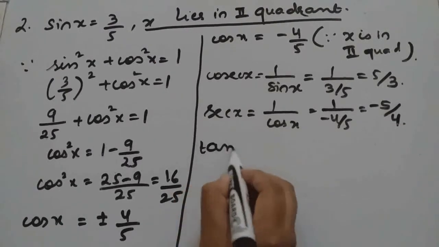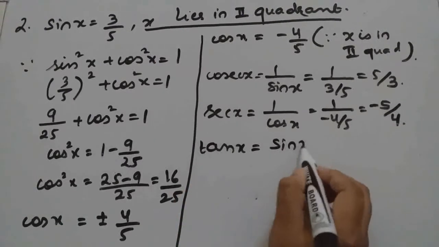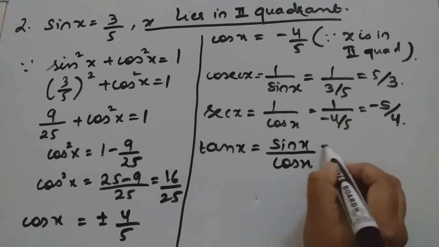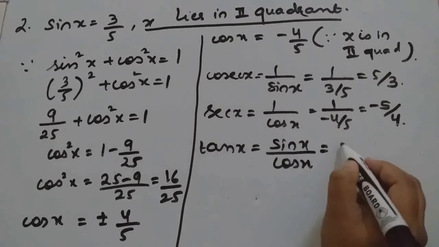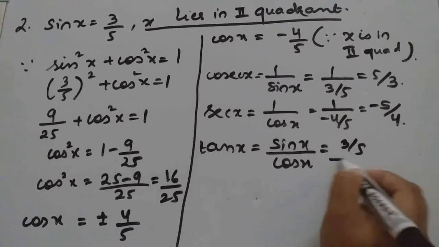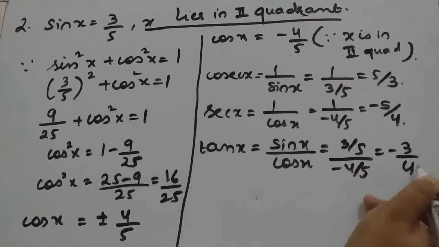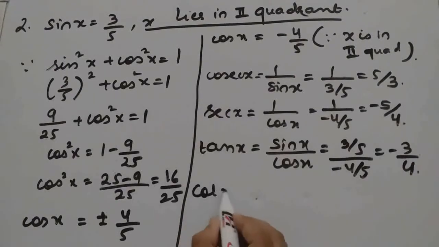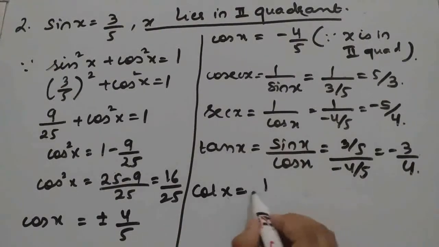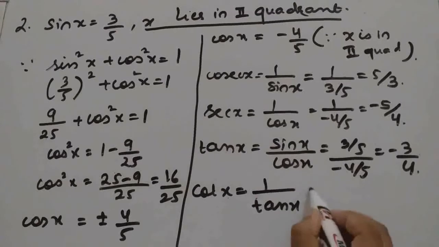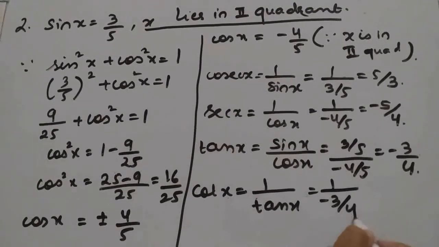Then tan x is sin x by cos x, where sin x is 3 by 5 and cos x is minus 4 by 5. So the answer is minus 3 by 4. And cot x we can find using cos by sin or 1 by tan. Both ways it is true. So 1 by minus 3 by 4, the answer will be minus 4 by 3.